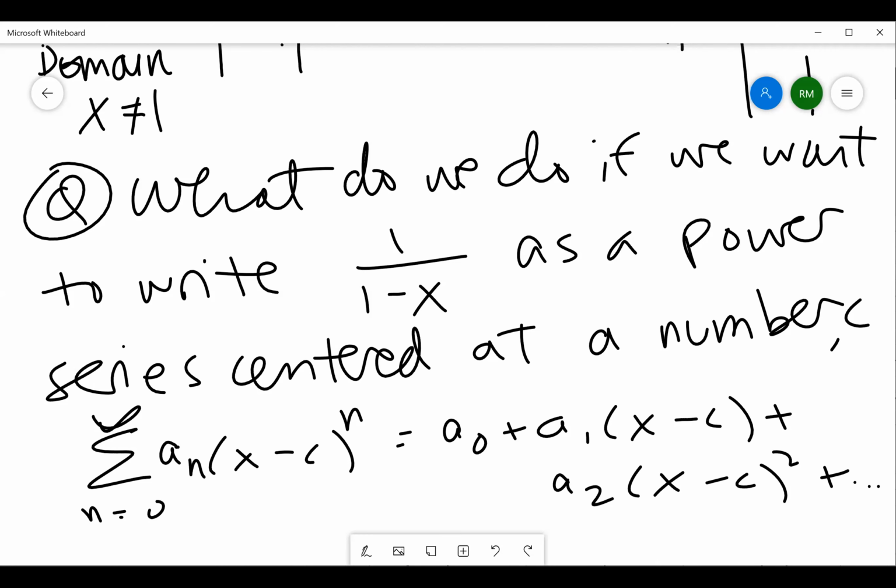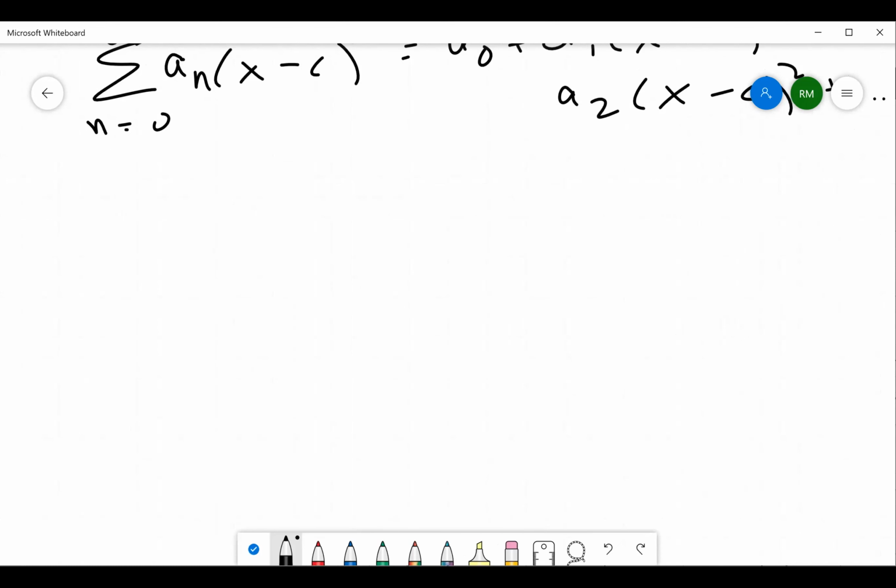Well, the key is to remember what the formula for a geometric series is.